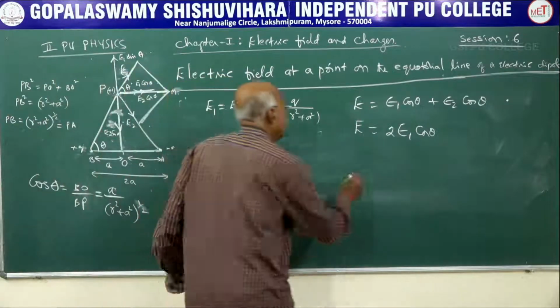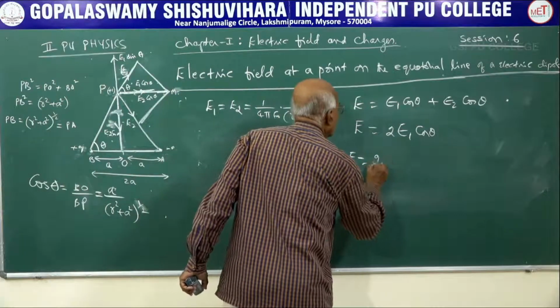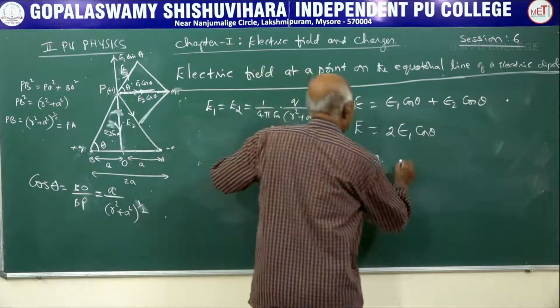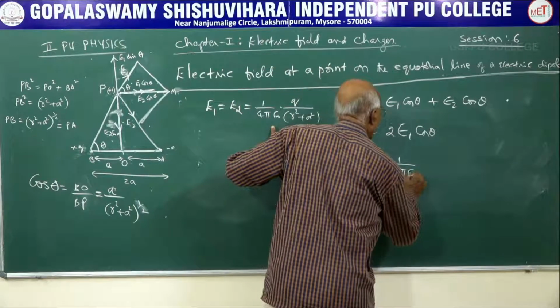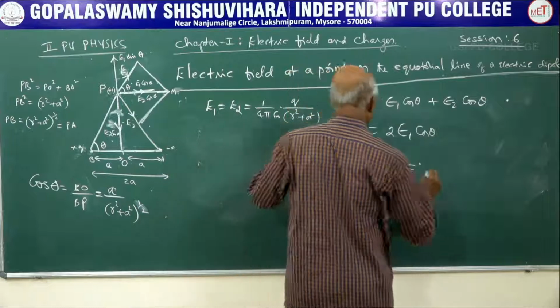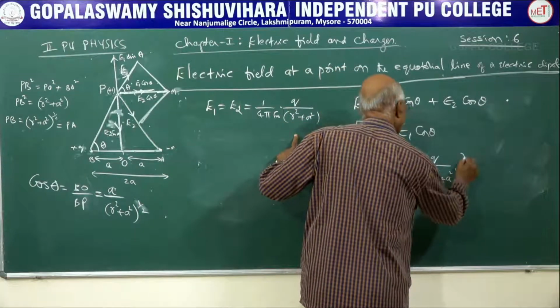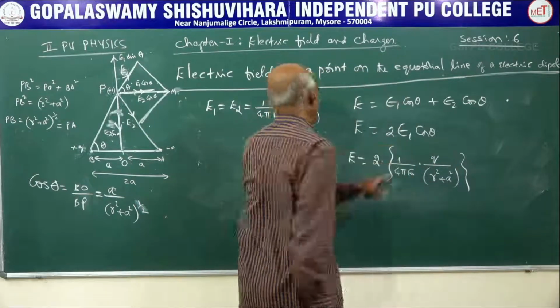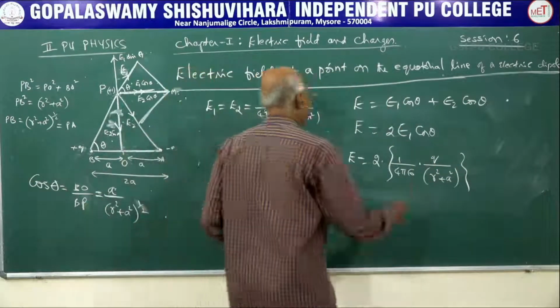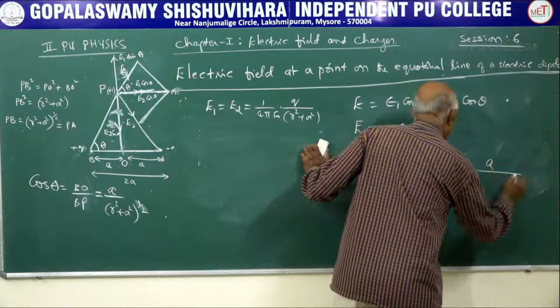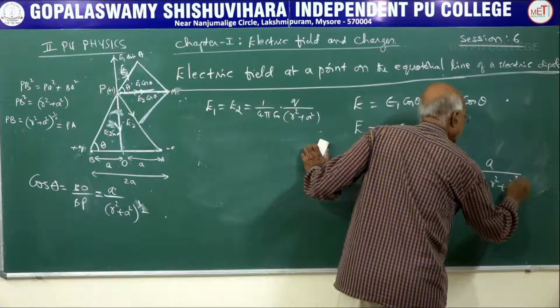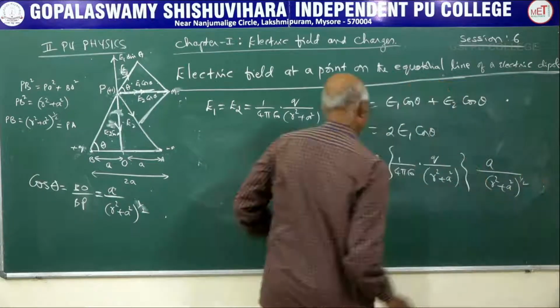Substituting this in this equation, E is equal to 2 into, instead of E1, I can write 1 over 4 pi epsilon naught into Q divided by R square plus A square. So this corresponds to E1. We have got the cos theta value: cos theta is equal to A divided by R square plus A square to the power of half.